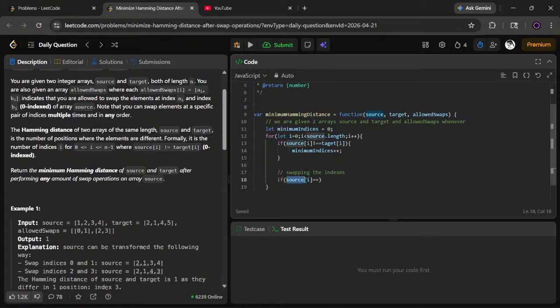Why do I need to write a separate thing? Source of... Wait, this is not source of i. Source of i is the value of source, but we need the index of the source, right? Tricky question. Do we need to do it with two pointers here?